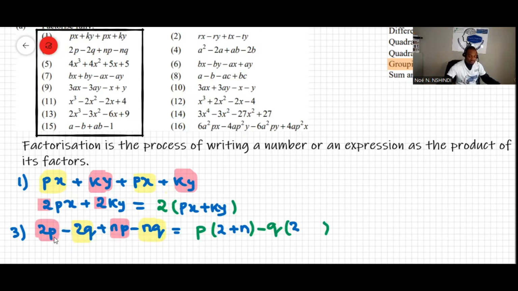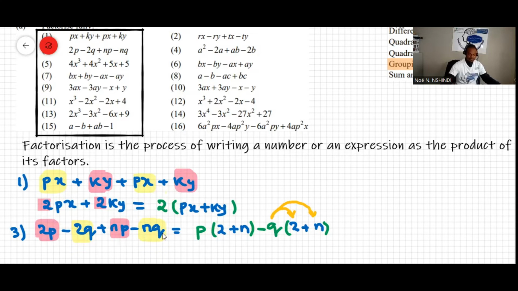It's going to be 2 in the bracket plus n. Careful, not minus n but plus n, because the negative is outside the bracket. If you multiply negative q with 2, you'll get negative 2q, and if you do negative q times positive n, then it's going to be negative nq.